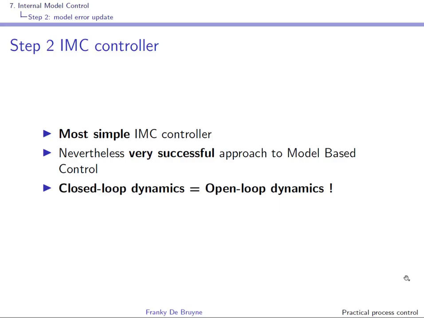This implementation of the step 2 IMC controller is probably the simplest IMC controller you can think of. And the problem is that the closed loop dynamics are equal to the open loop dynamics, right? So it is the most simple IMC controller, but is nevertheless a very successful approach.